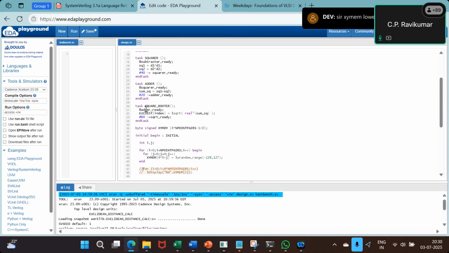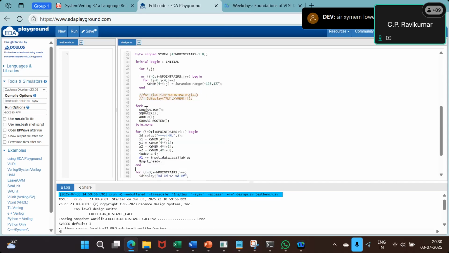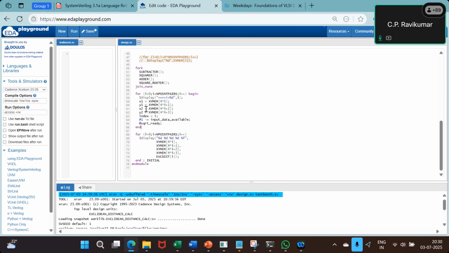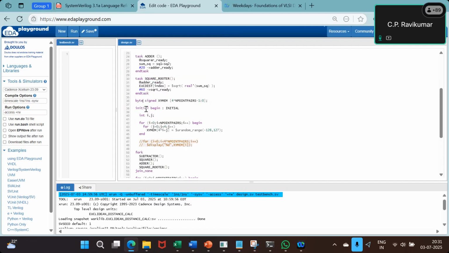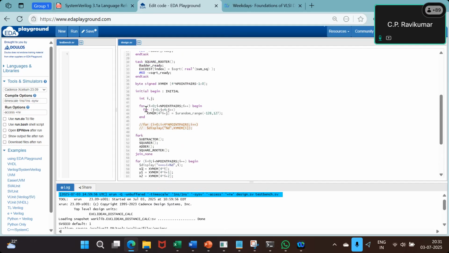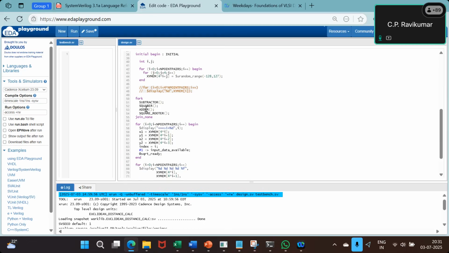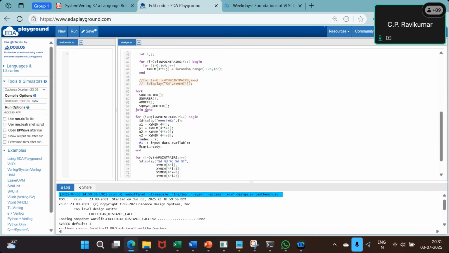I is declared, and it didn't do this at all. Yeah, I'm asking it to repeat this. I is defined where? I is defined here in the initial. So I is fully private to initial. So this fork cannot go and destroy I.